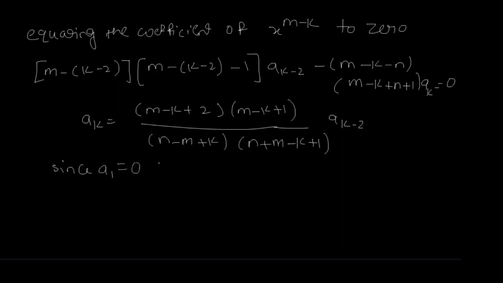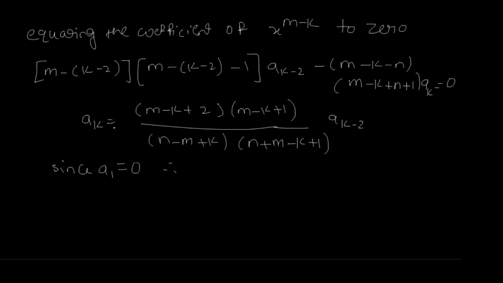Now since a1 is equal to 0, when you substitute k is equal to 3, you will get a3 equal to this into 3 minus 2, that is 1, a1.